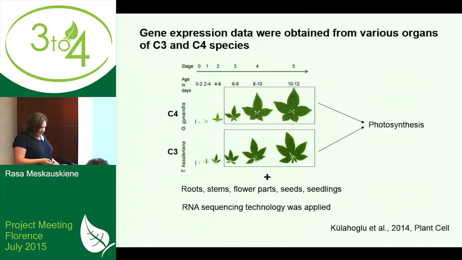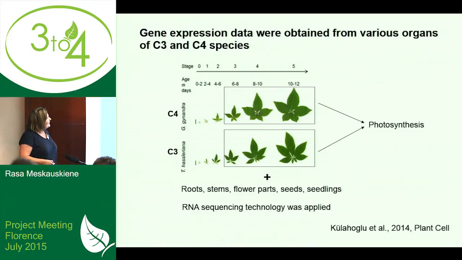So here, the authors compared two species. One was C4, Chinandropsis chinandra, and the other one was C3, Hasleriana. And those species are closely related. They harvested tissues, including those leaf gradients, from a very small, hardly visible leaf to that big, green, mature leaf.